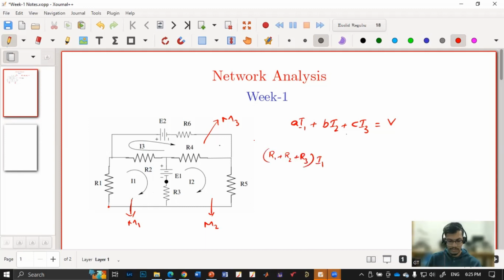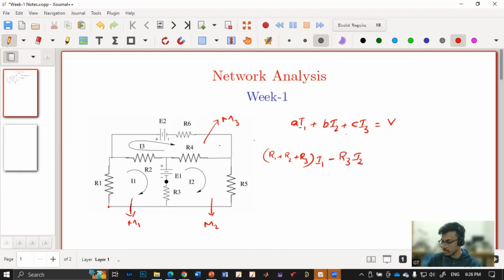And for the other currents, the resistance that is in common between these two meshes is the coefficient of those particular currents. What I mean to say is, here I1 is there and here I2 is there. So I2 and I1 have a resistor in common, which is R3. So the coefficient of I2 is R3 with a negative sign. So within that particular mesh, the I1 coefficient will be positive and the other coefficients will be negative. So among I1 and I2, R3 is shared, or I1 and I2 both are passing through R3. So the coefficient of I2 is R3 with a negative sign. So we'll have minus R3 into I2.